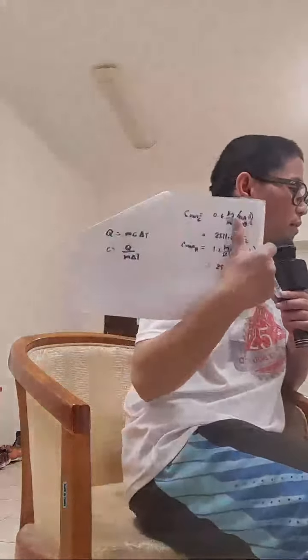So 0.6 times 4,186 is 2,511.6, and then 2,150 times 1.2 is equal to 2,580. So our C min to be used is 2,511.6, because this is minimum compared to the other one for the hot side. Now we use that here later to compute for the NTU.